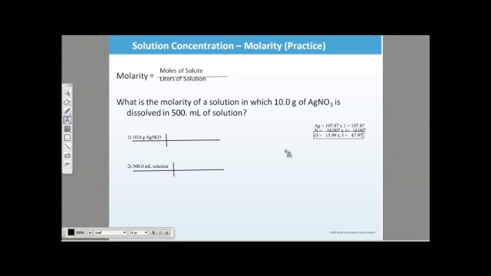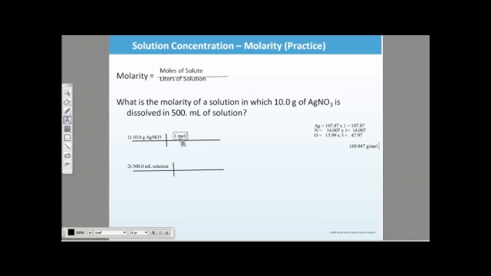Okay, so we then would add those 3 numbers together to get our grand total for the molar mass. And we have 169.847. Again, the units are grams per mole. So that's what we will use in our conversion.